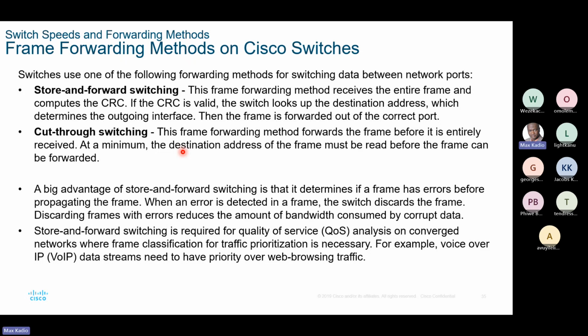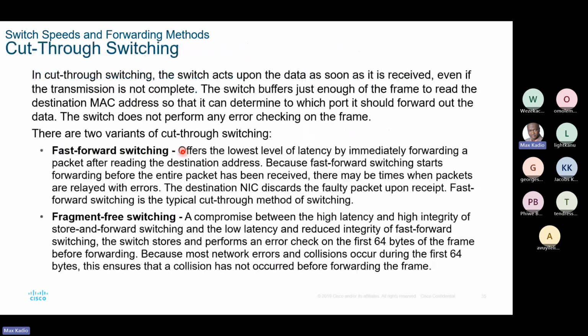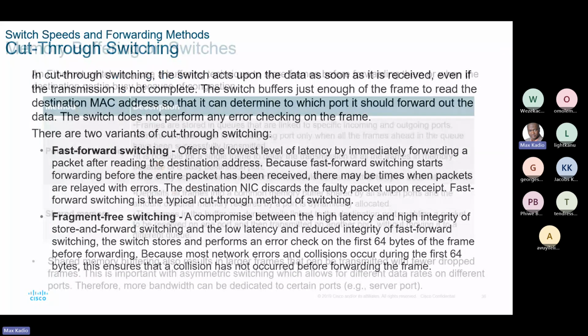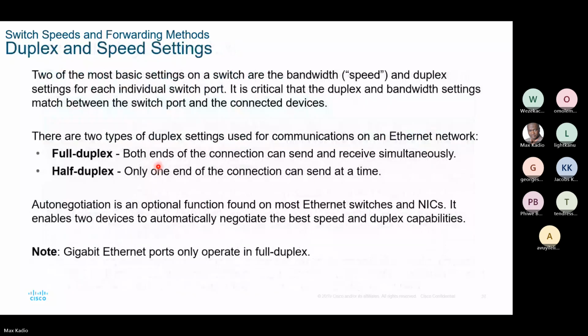Okay, so you get time to read in your NetAcad. Now here we'll explain properly cut-through switching. Inside we also have two types, so you can read. You can also set up the duplex, but nowadays it is automatically set to full duplex, unless you yourself want to change to half duplex.